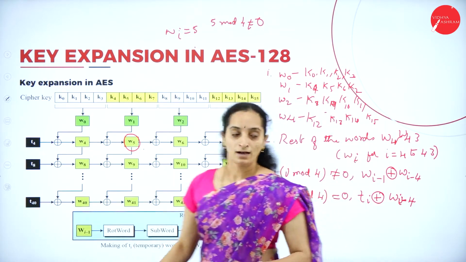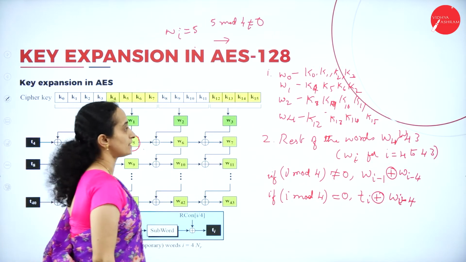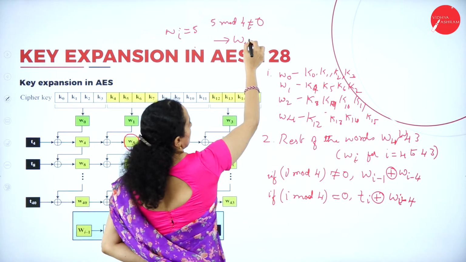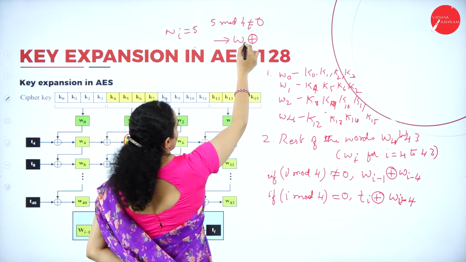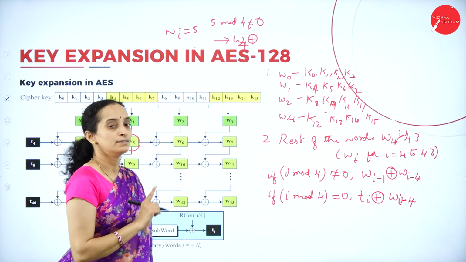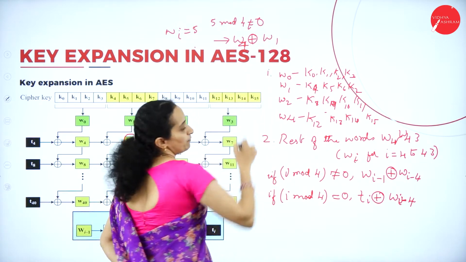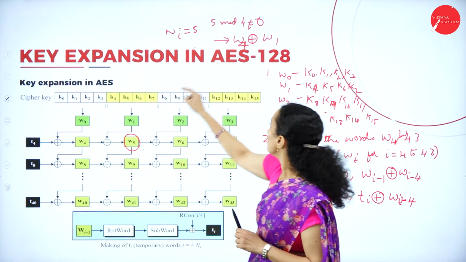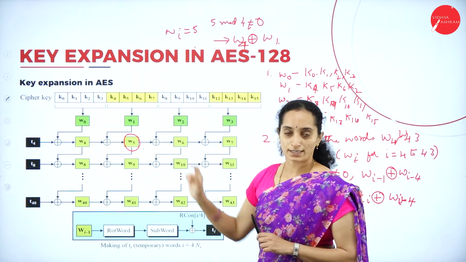That means you have to follow the first condition, W[i minus 1] XORed with W[i minus 4]. i minus 1 is 4, so W4. And i minus 4 is 5 minus 4, that is 1, so W1. So W5 takes one input from W4 and another input from W1, and we XOR the values to get the next word.